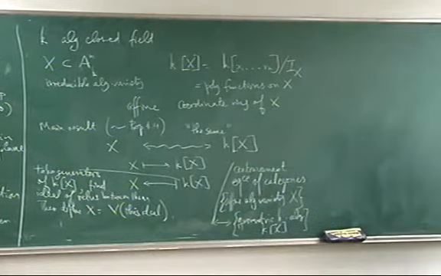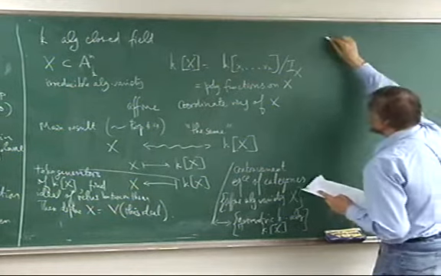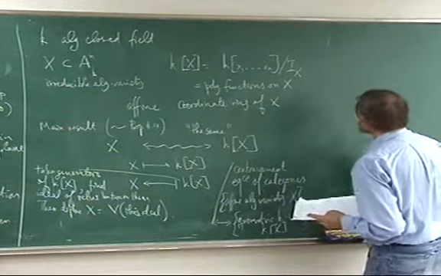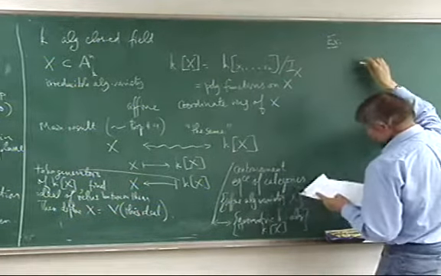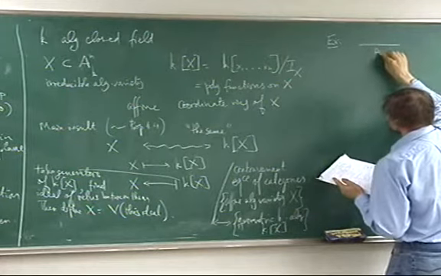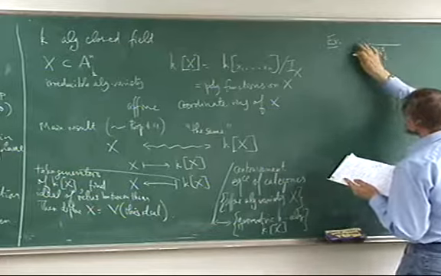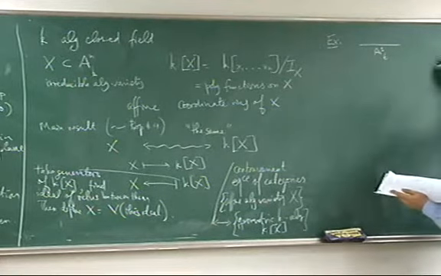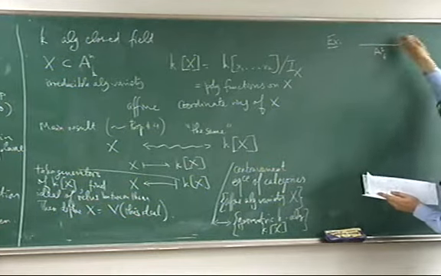Yes. So just to give a basically trivial example, but it's useful for what I want to say. Here is A1 in a variable t. So this is just the ordinary line over the field K. It might be the complex line.